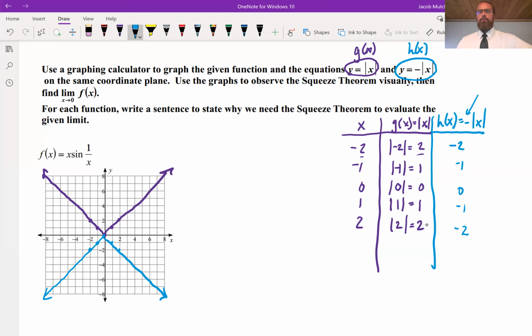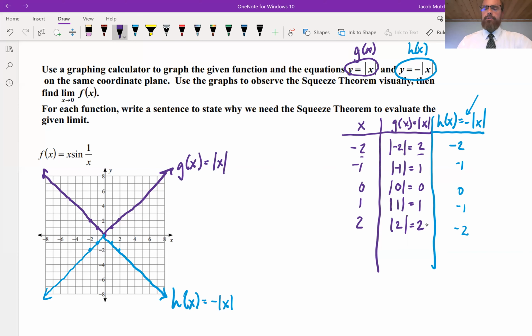So those are my two functions that I'm squeezing my other function in between. Let me label them. That's h of x equals negative absolute value of x. And then above, g of x equals just plain old, that's the parent function, absolute value of x.